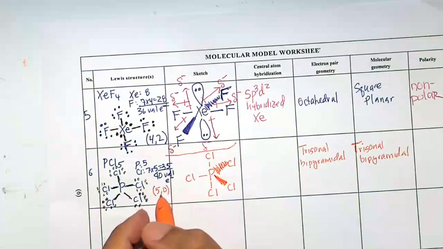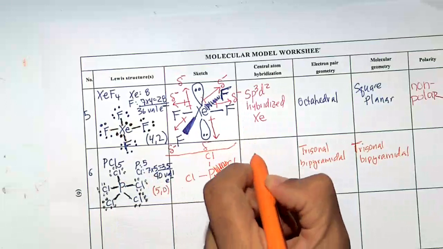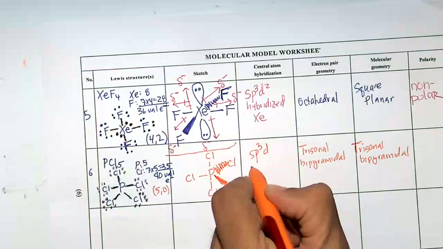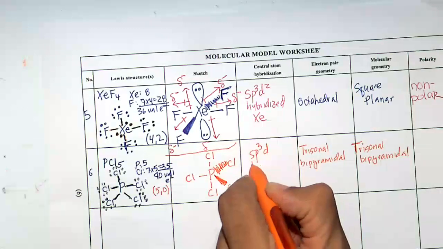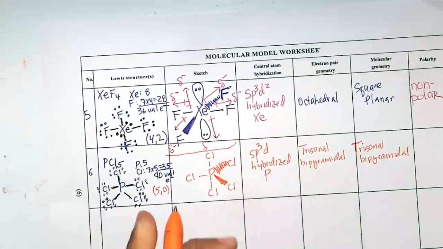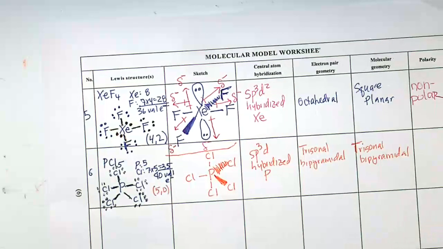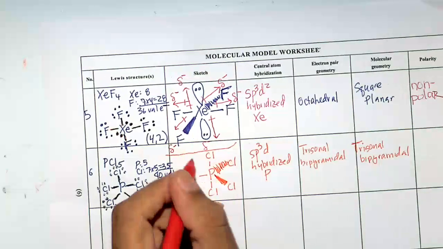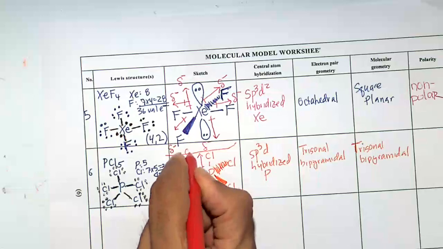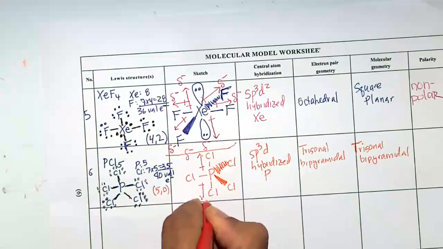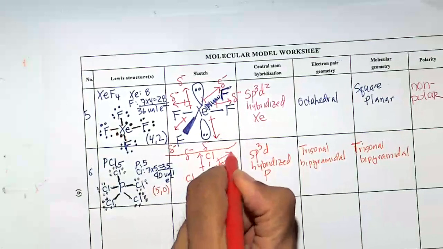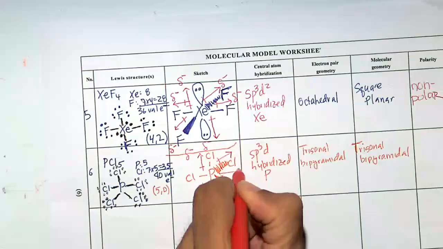All right, what's the central atom hybridization for 5 and 0? sp3d. Yes, sp3d hybridized phosphorus. Is this polar or nonpolar? This Cl pulls up, the Cl pulls down. This Cl pulls diagonally, this Cl pulls diagonally, so what's the net?